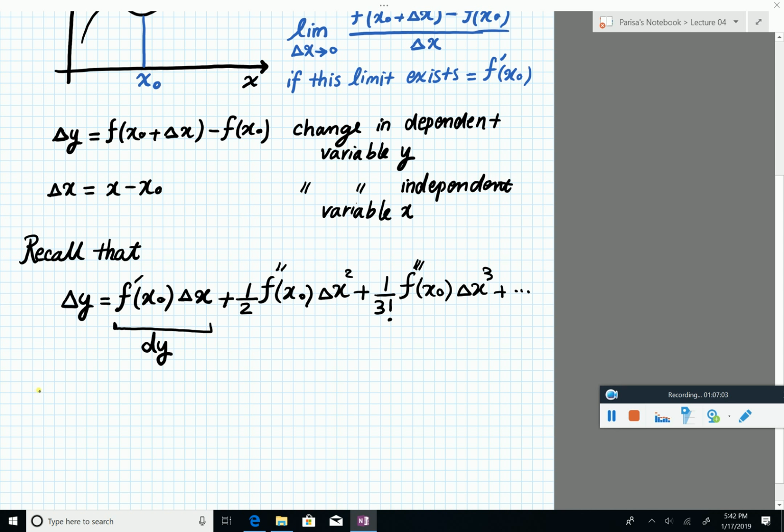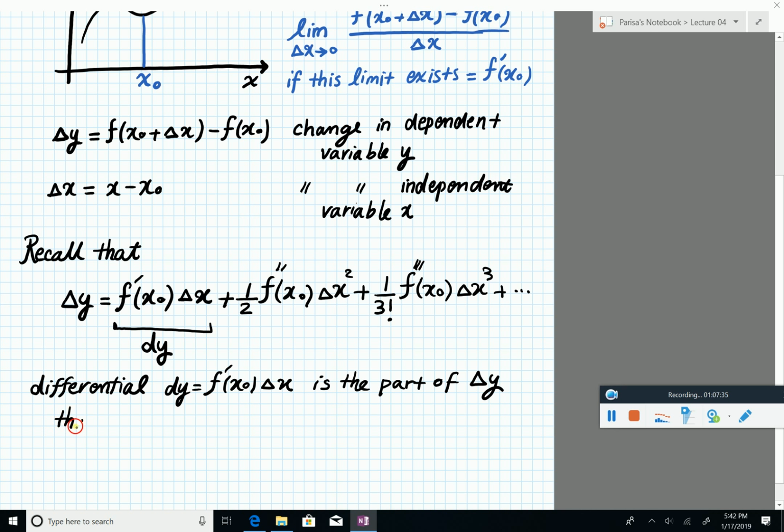So this is important. So differential is the part of, and notice the difference between d and delta, a part of delta y that is linear.